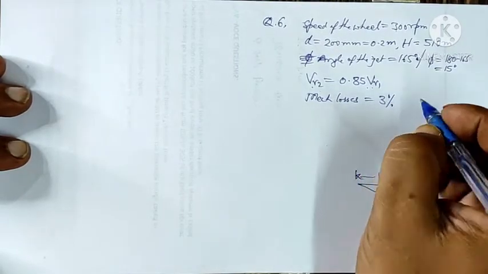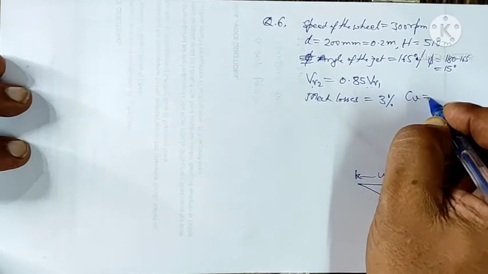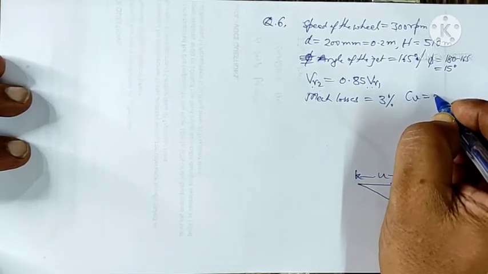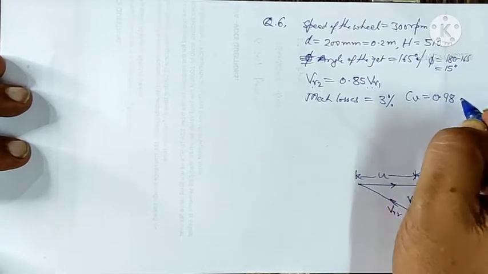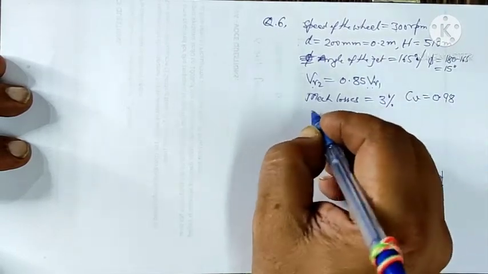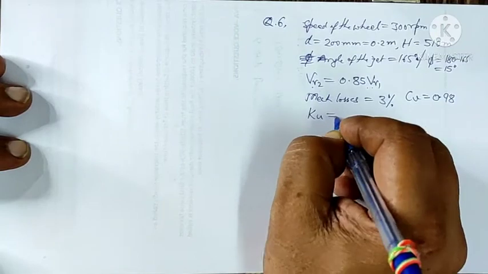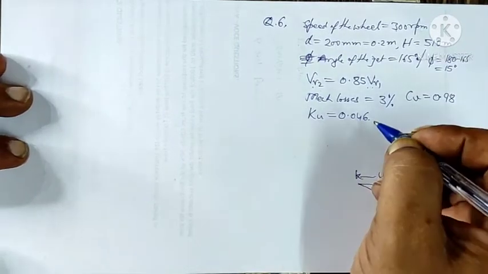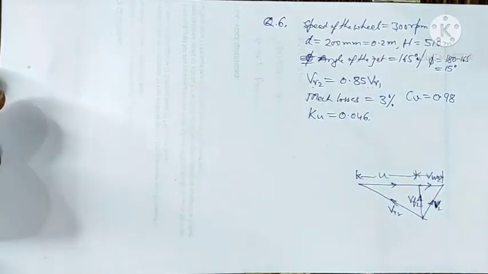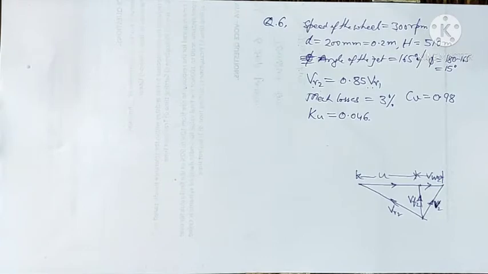The coefficient of velocity is given as 0.98 and speed ratio Ku is given as 0.46, and we have to find out the water power, resultant force on the bucket, and the overall efficiency.